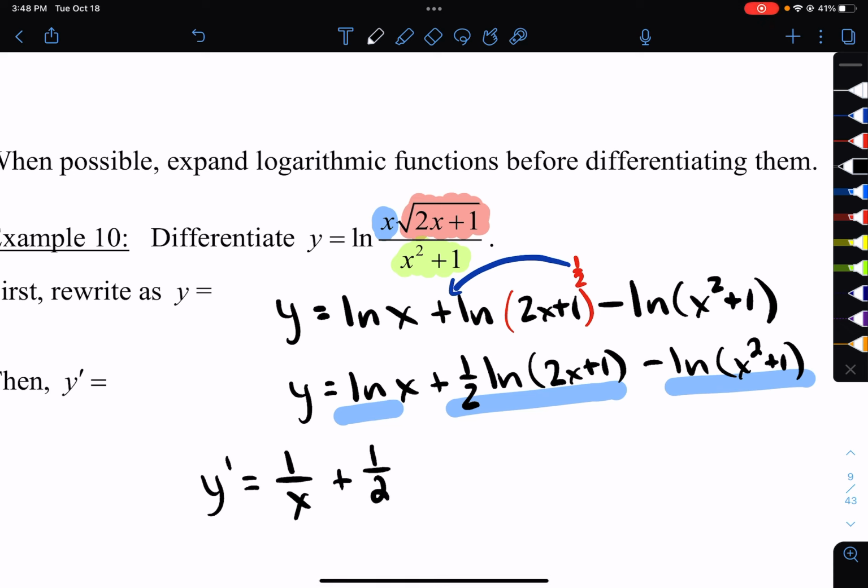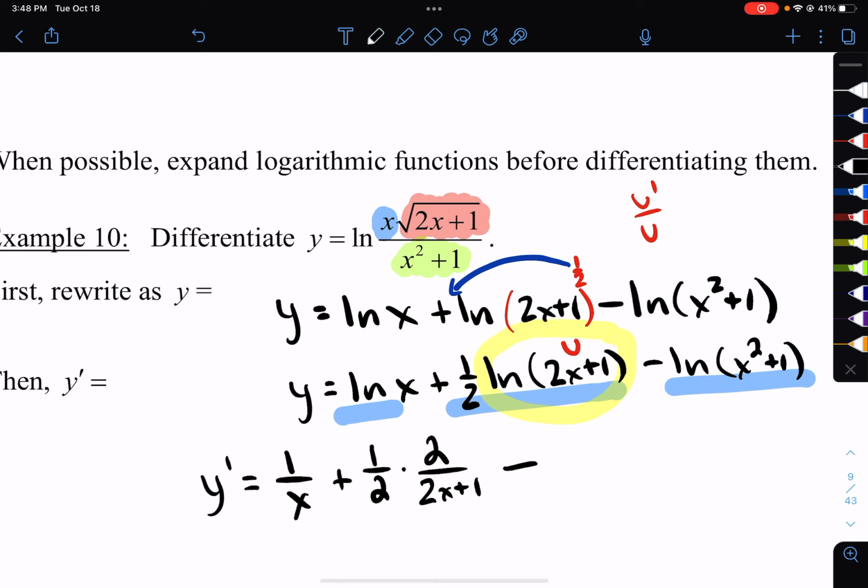And then my formula, this is like a u right here, right? And my formula was u prime over u when I'm doing the natural log. So I'm going to put u prime on top, which is 2, and u on the bottom, which is 2x plus 1. So I just took the derivative of this part right here, and that's getting multiplied by 1/2.